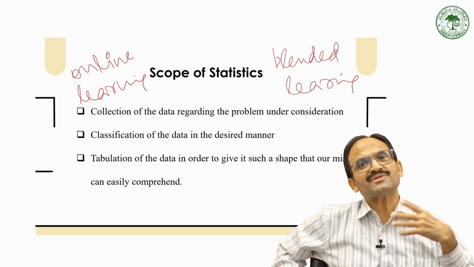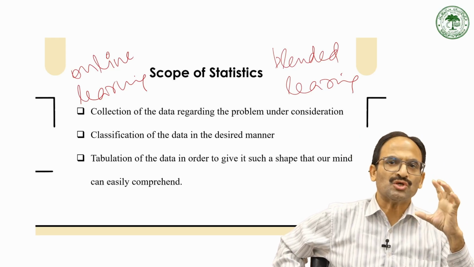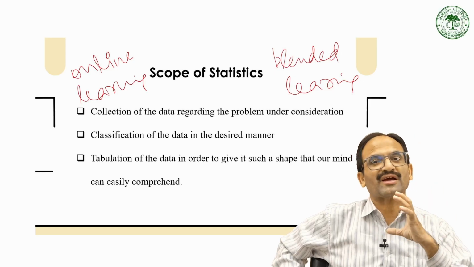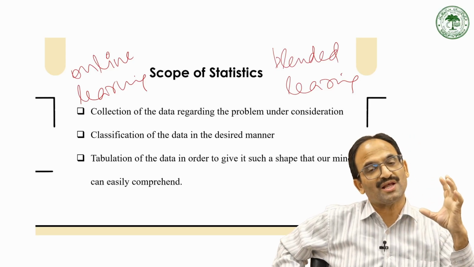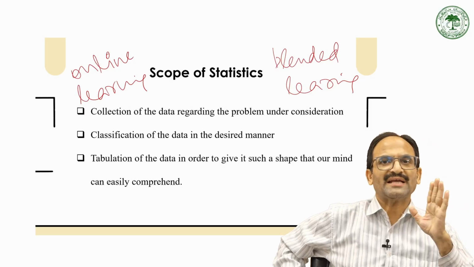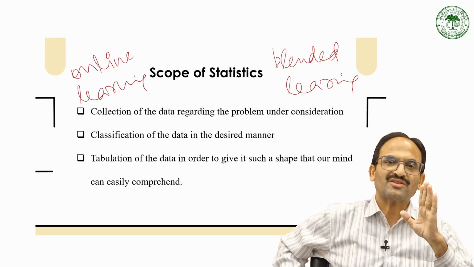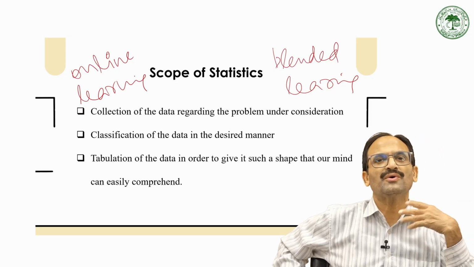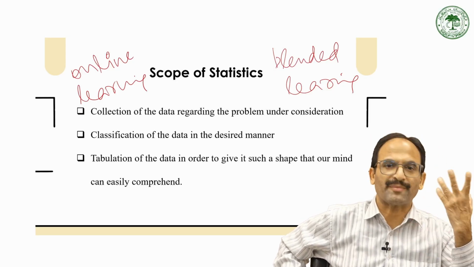Sometimes the obtained data is so huge and scattered that it is very difficult to come to a conclusion. So we tabulate the data, and by that tabulation it becomes easy to comprehend and interpret.